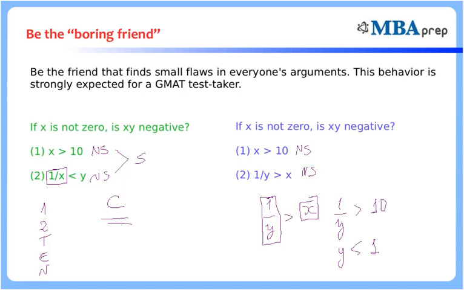Y is less than 10. Whoops, it could be negative. No, it could not. It's positive. Because this number, remember the first inequality, this number is greater than x. If it were negative, it wouldn't be greater. So now I know that y is also positive, between 0 and 10, but sufficient. You could miss this. If you miss this, you would think it were letter E, but it is letter C.